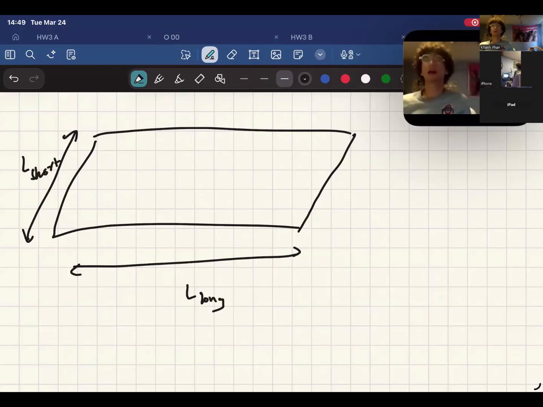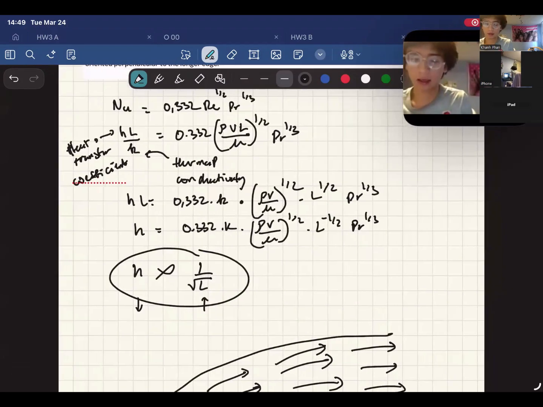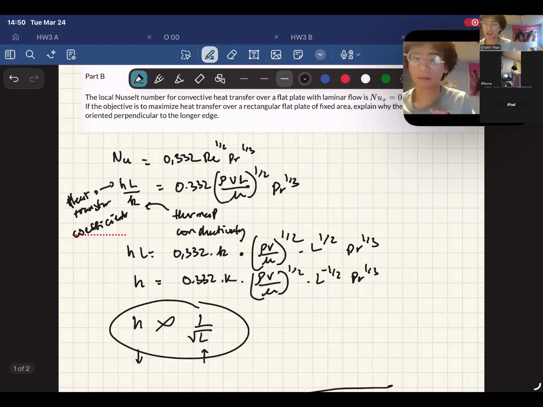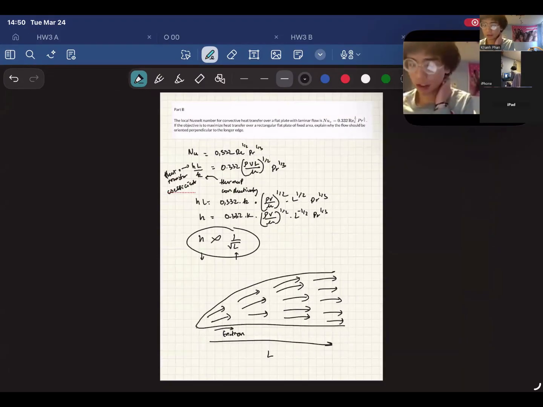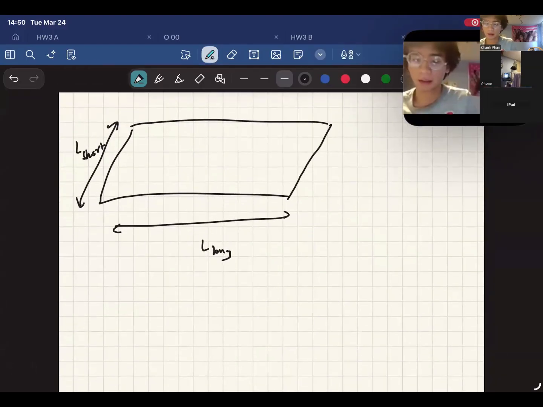So we know that the heat transfer coefficient measures how much heat flux goes through a layer for convection.